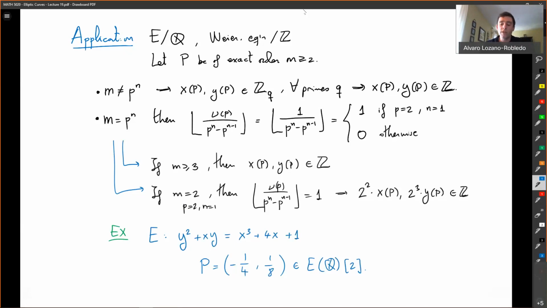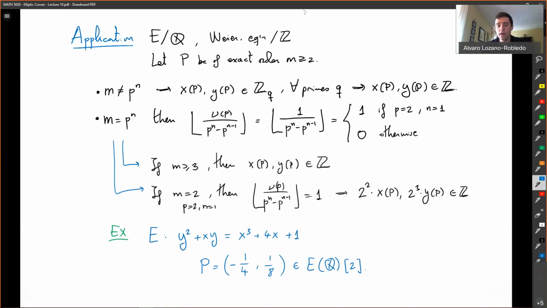It turns out that we will see that if the Weierstrass equation is actually in short Weierstrass form, this cannot happen. Then even the 2-torsion has integer coordinates.